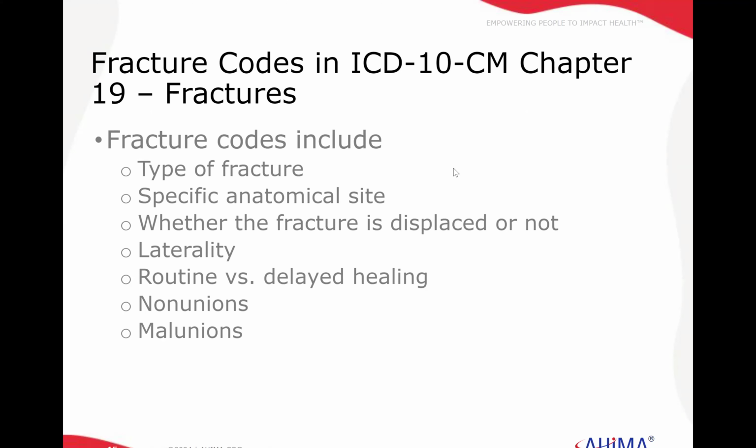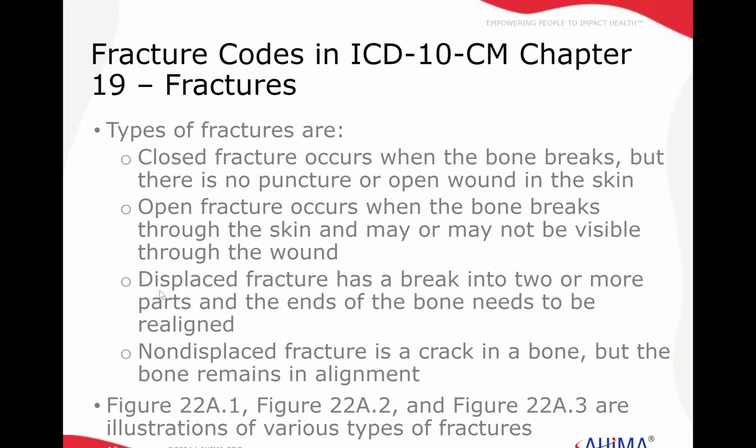And again, most people are familiar with what a closed fracture is versus an open fracture. Displaced fractures are a break in 2 or more parts, and the ends of the bone need to be aligned. A non-displaced fracture is a crack in the bone, but the bone remains in alignment. Please check your textbook and specifically look at figures 22A1, 22A2, and 22A3 for further explanation.